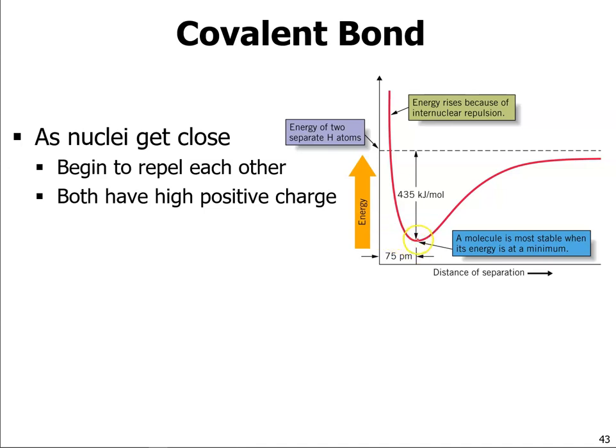If we start to rip them apart, then this requires some amount of energy to pull those electrons away from the other proton. But if we start to push them together too close, then the energy starts to increase because the protons in the two different nuclei start to repel each other. So you can only get them so close, and then the energy rises a lot.